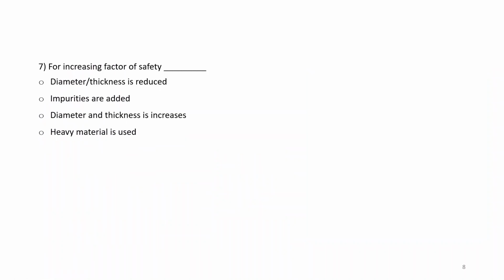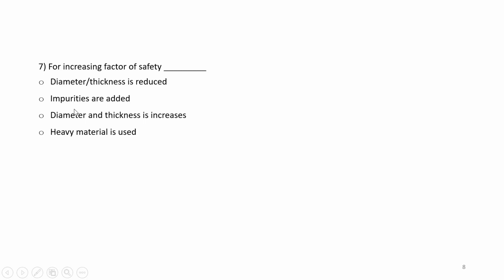Next up, for increasing factor of safety, what should be done? There's a blank, so you have to find out which is the correct answer. Your options are diameter or thickness is reduced, impurities are added, diameter and thickness is increased, or heavy material is used. Answer will be, for increasing factor of safety, you have to always increase the cross section.